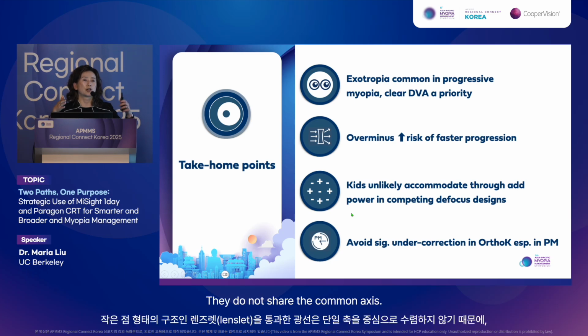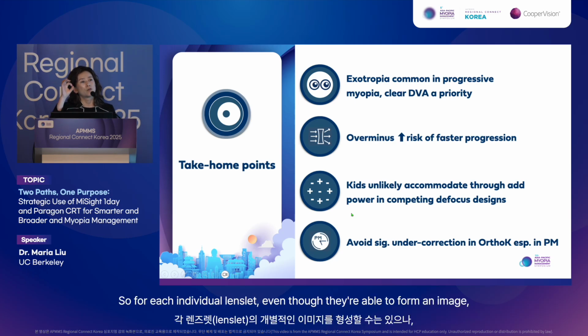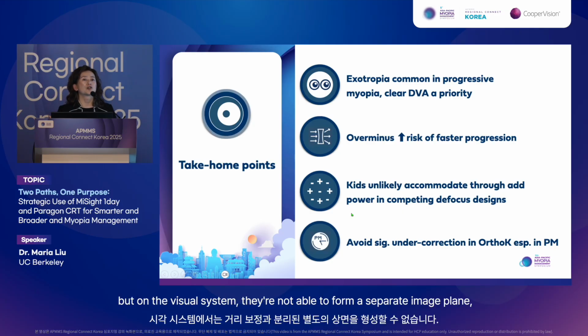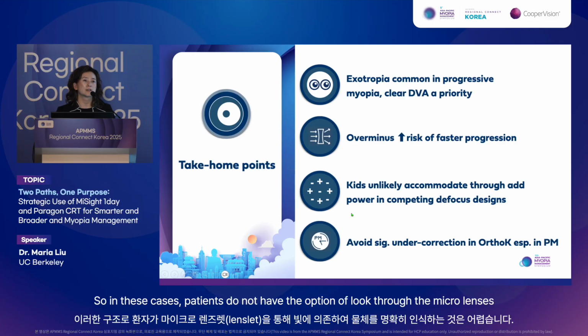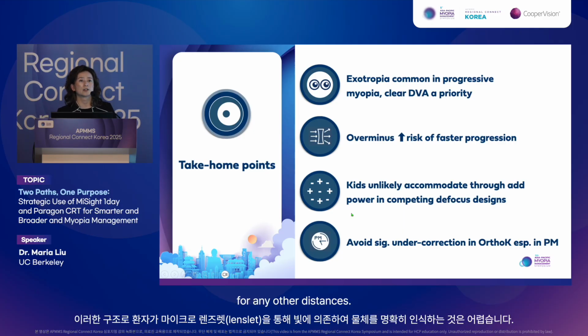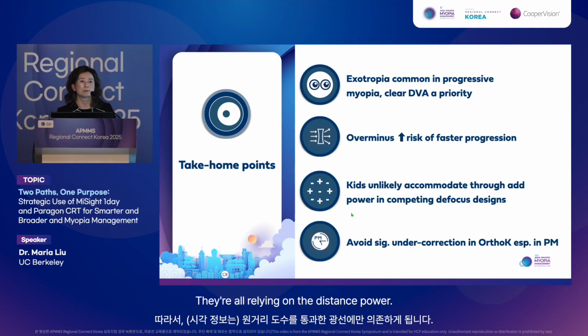They do not share a common axis. So for each individual lenslet, even though they are able to form an image, the visual system is not able to form a separate image plane, separate from the distance correction. So in these cases, patients do not have the option of looking through the micro lenses for any other distances. They're all relying on the distance power.